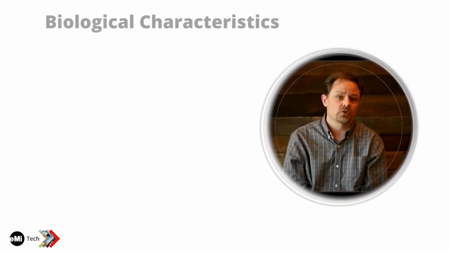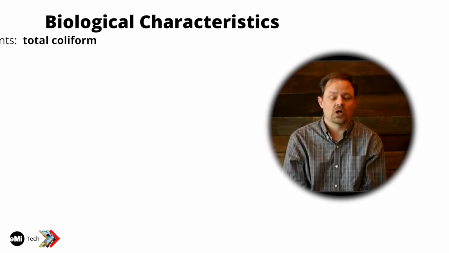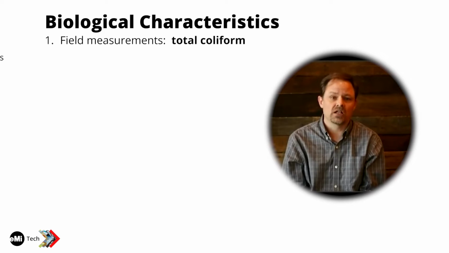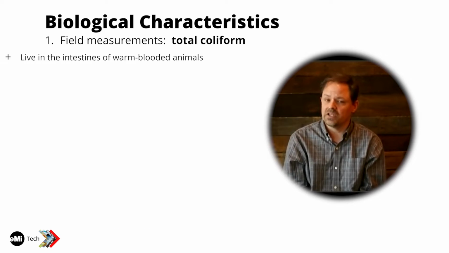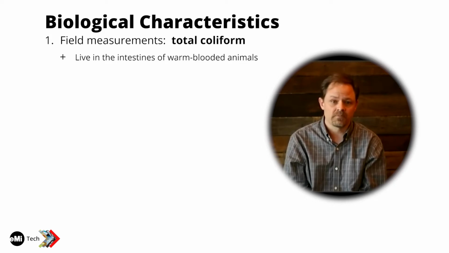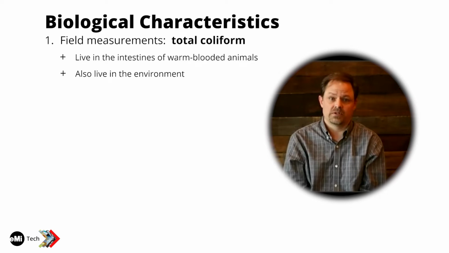Okay, so how do we go about assessing the biological quality of water? Well, traditionally, an indicator of biological water quality has been total coliform. So total coliform are useful because they do live in the intestines of humans, also in warm-blooded animals, but they are also found out in the environment in places that are not necessarily associated with intestines or some sort of contamination.